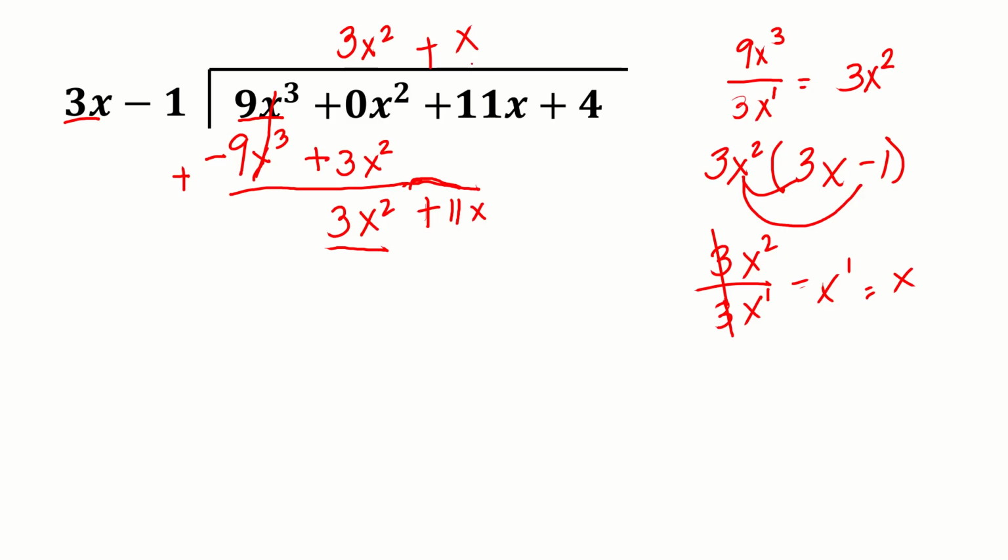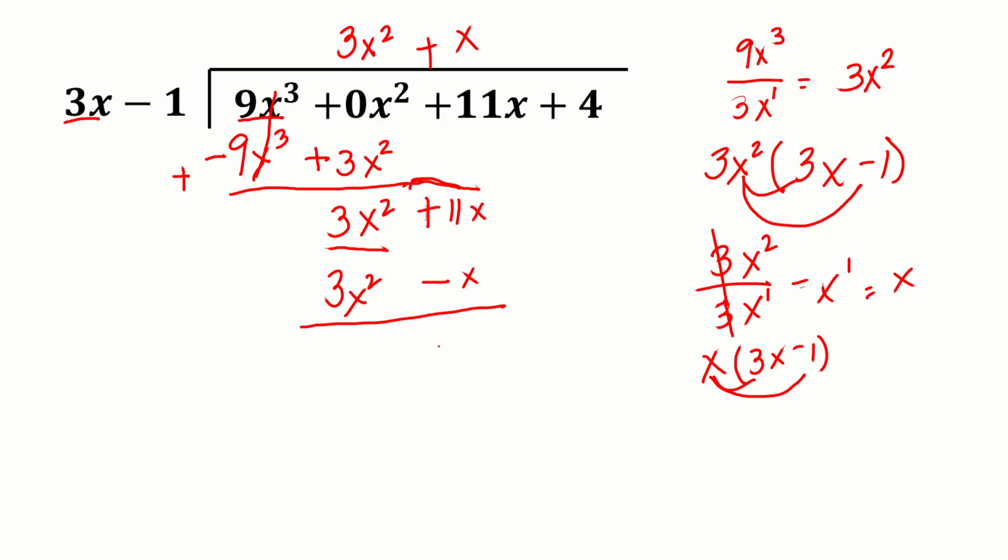Then yung nakuha natin na positive x, i-multiply ulit sa divisor. So we will have x times 3x minus 1. O distribute lang natin si x. So x times 3x, that is 3x squared. Then x times negative 1 is negative x.